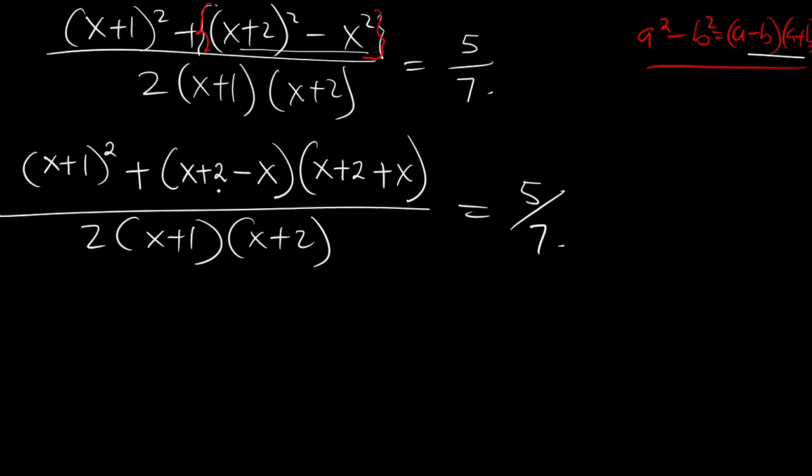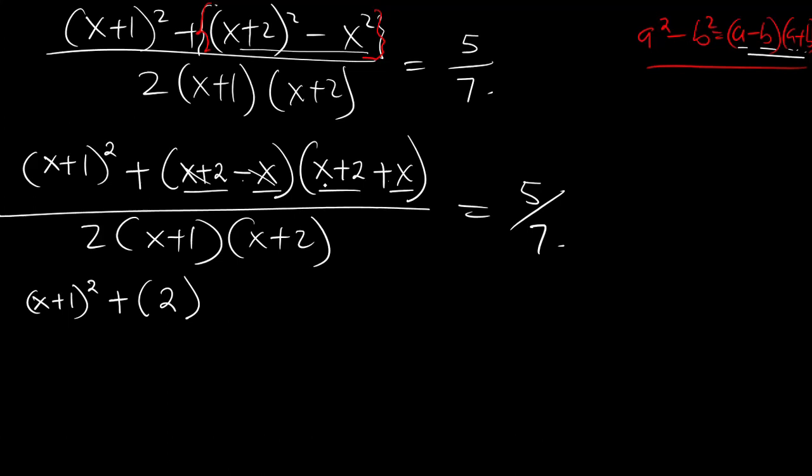Now you see, this is a, this is b, this is a, this is b, so the same thing, a, b, see minus and plus. So now we're going to write this again as (x plus 1) all squared plus, bracket open. Now this x will cancel out this x, you have 2.